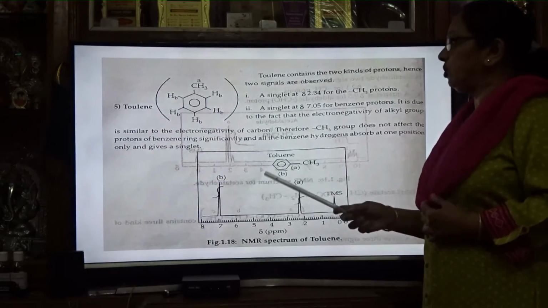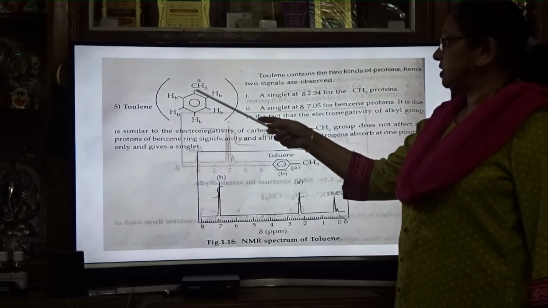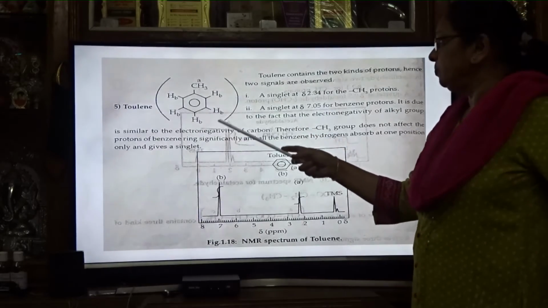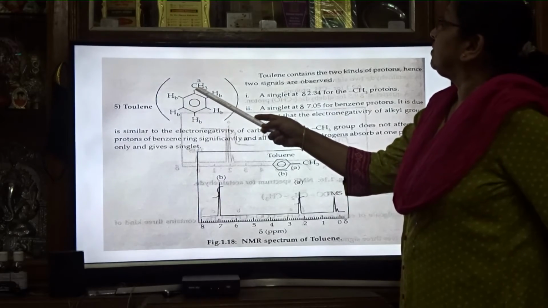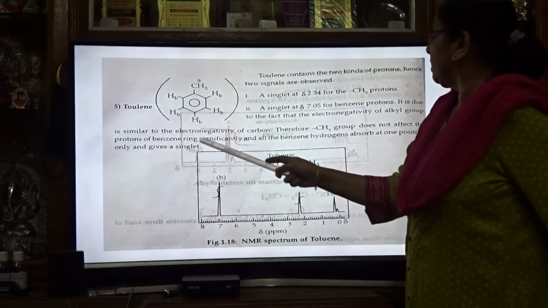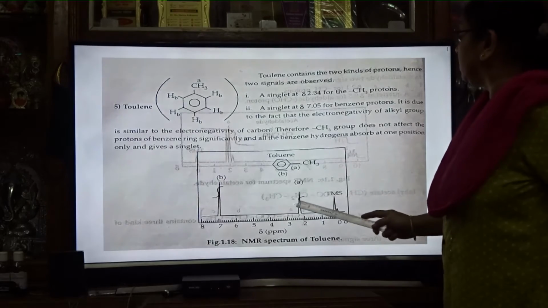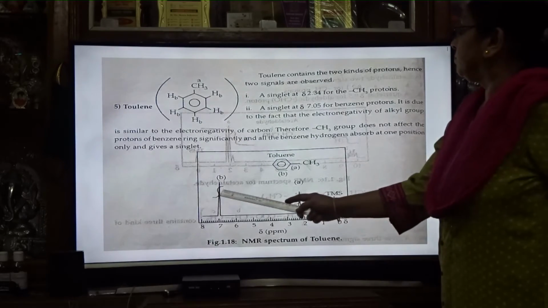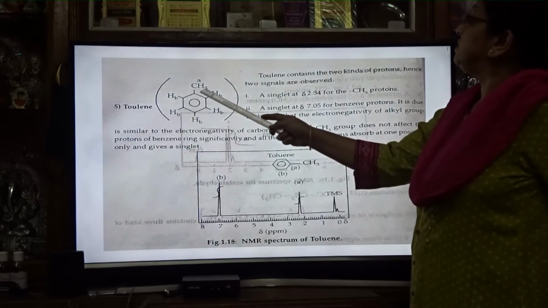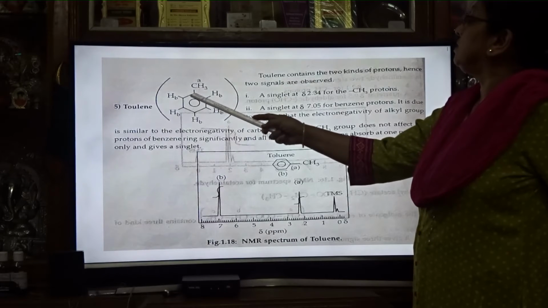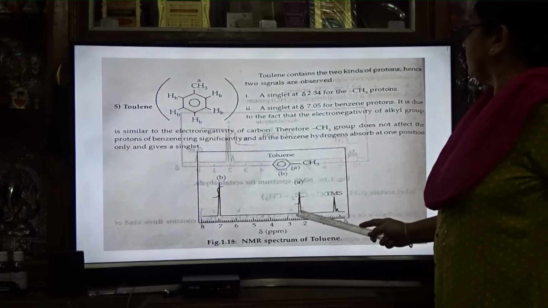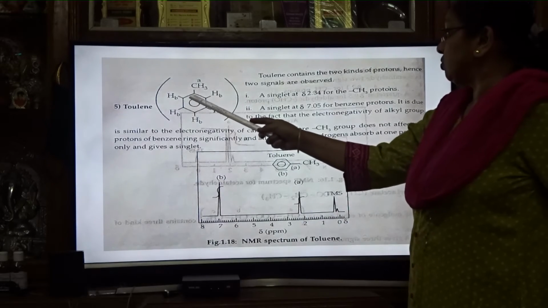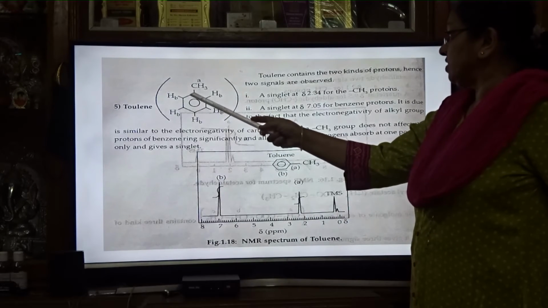Next is toluene. Toluene means on the benzene ring there is a methyl group. So there are 2 types of protons, A and B, and here we are having 2 signals. A is CH3, and on the neighboring carbon there is no hydrogen, so it is a singlet.